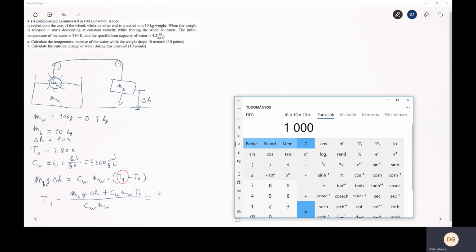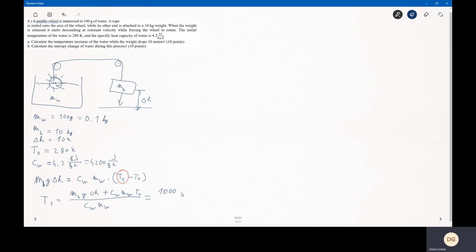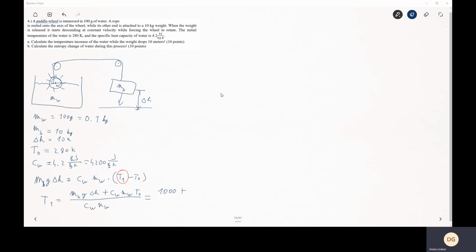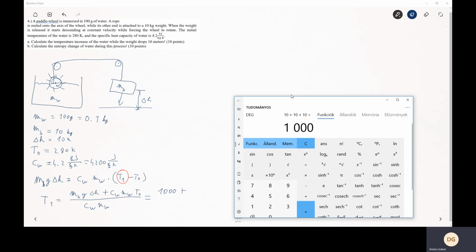Okay, so this is 1000 plus, I also need this CW times MW times T0. So that is CW, that is 4200, times MW, that is the mass of the water, that is 0.1 kilograms, times the initial temperature of the water, that is 280 kelvins.